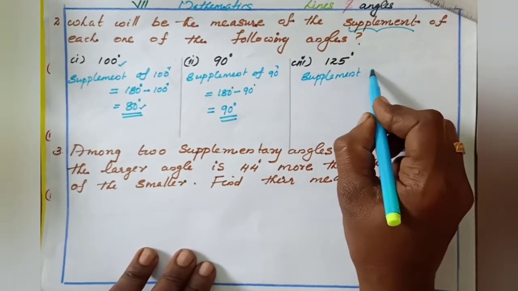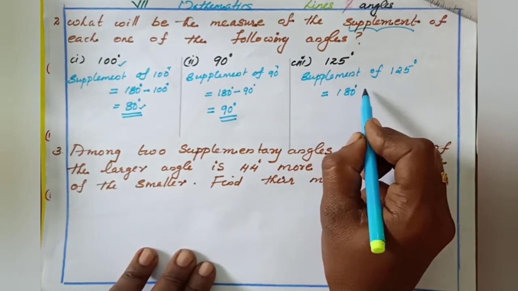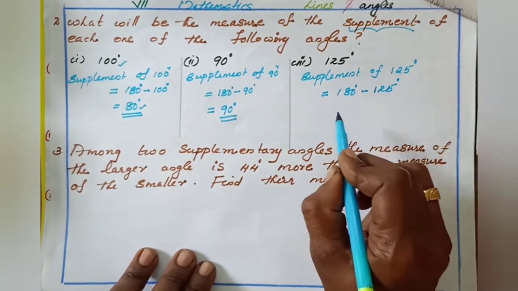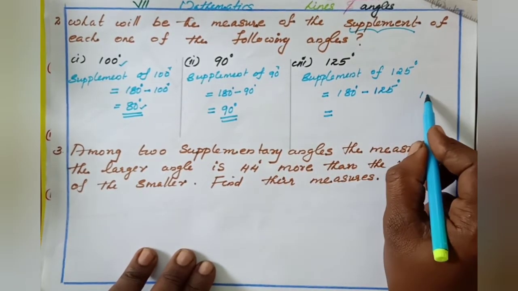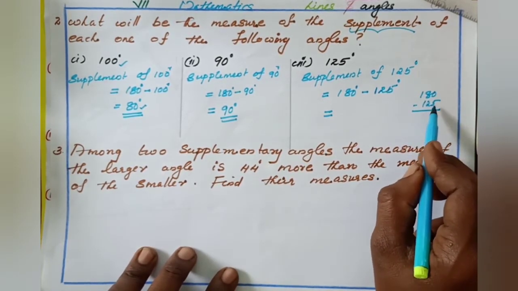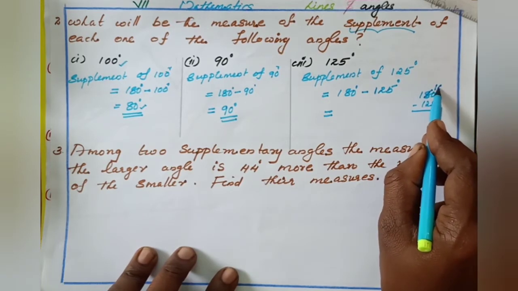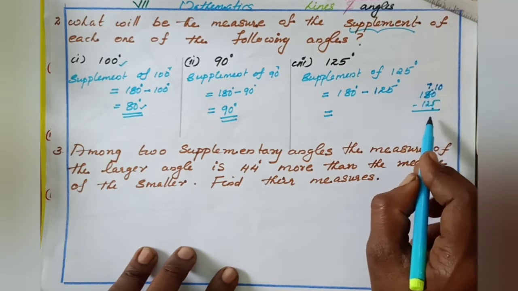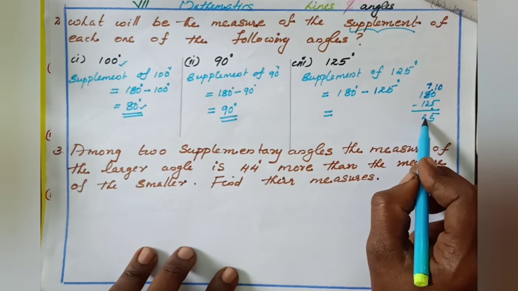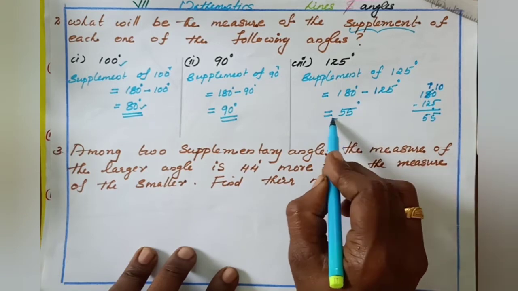The supplement of 125 degree equals 180 degree minus the given angle 125 degree. 0 minus 5 is not possible, so borrowing 1, 10 minus 5 is 5, 7 minus 2 is 5, 1 minus 1 is 0. So that is 55 degree.